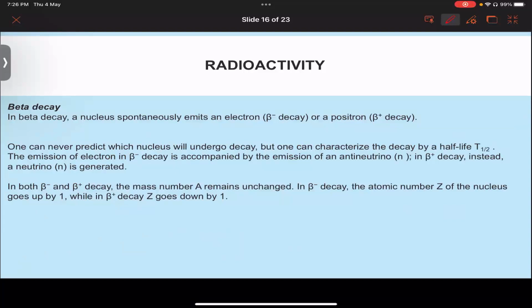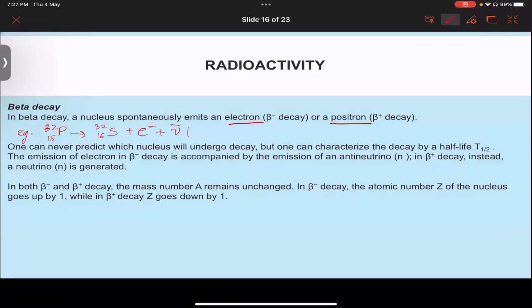Now in beta decay, the essential thing to understand is that what it emits is an electron or a positron. An electron is a negative beta particle and a positron is a positive beta particle. One of the examples is phosphorus-32 with atomic number 15, which goes into sulfur-32 with atomic number 16, plus an electron and an antineutrino.